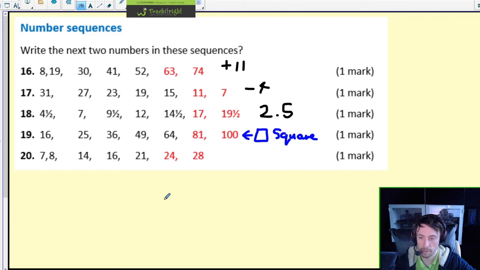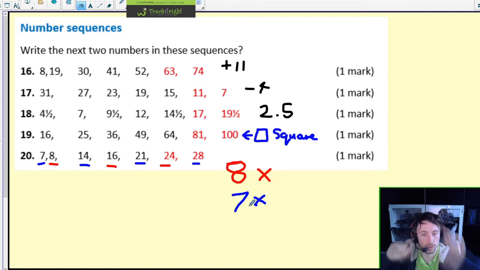And here, number 20, we've got 2 sequences. We've got the one I'll underline in blue, which is increasing by 7, and the one that's underlined in red, which is increasing by 8. So essentially in red we've got the 8 times tables, and in blue we're listing the 7 times tables. So there's actually 2 sequences that are alternating. That one I thought was worth explaining.